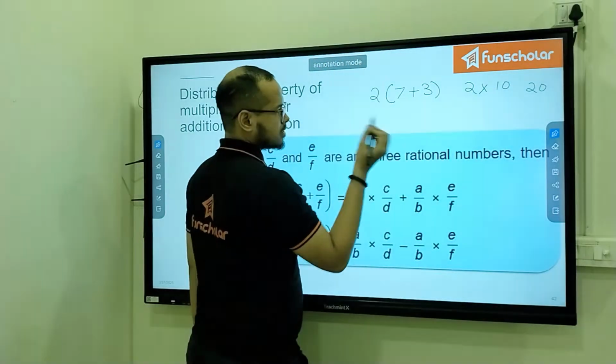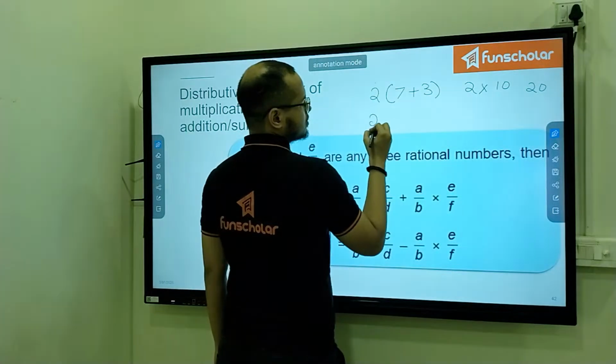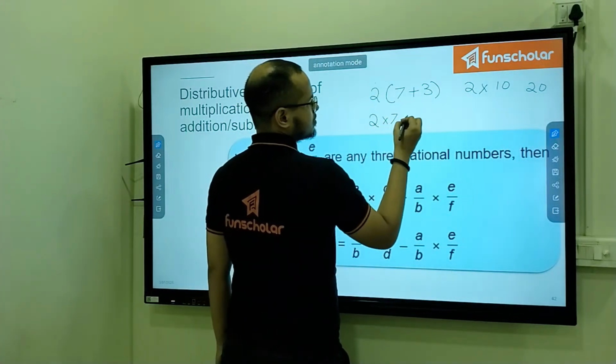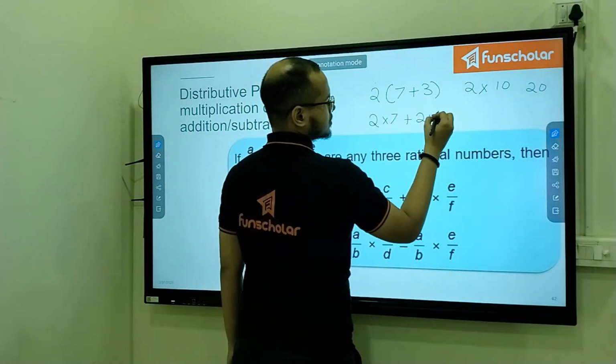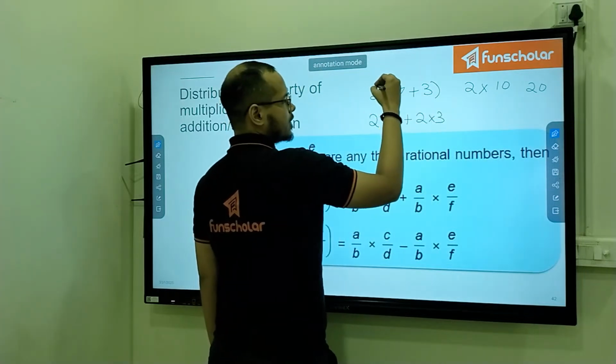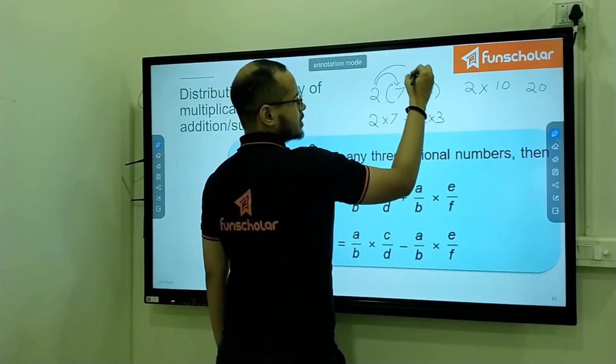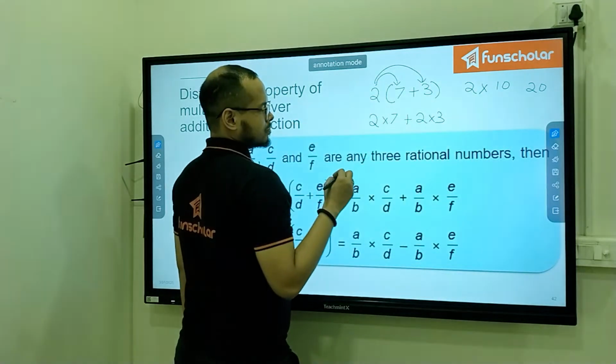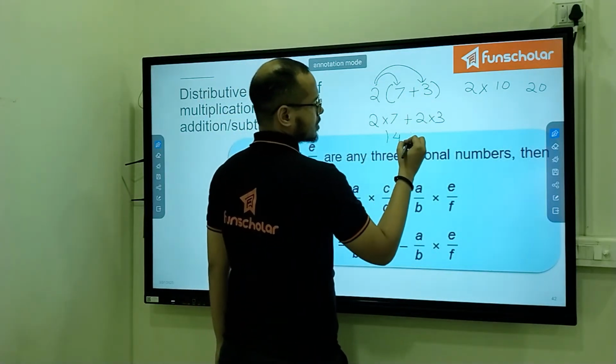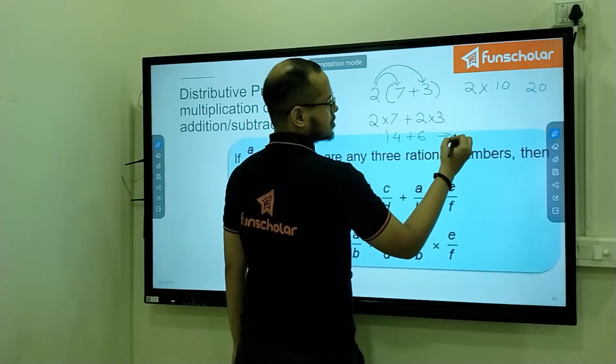Another way to solve it: first we multiply 2 into 7 plus 2 into 3. So we are distributing the value 2 inside the bracket equally on the two numbers. We get 14 plus 6, that is also 20.